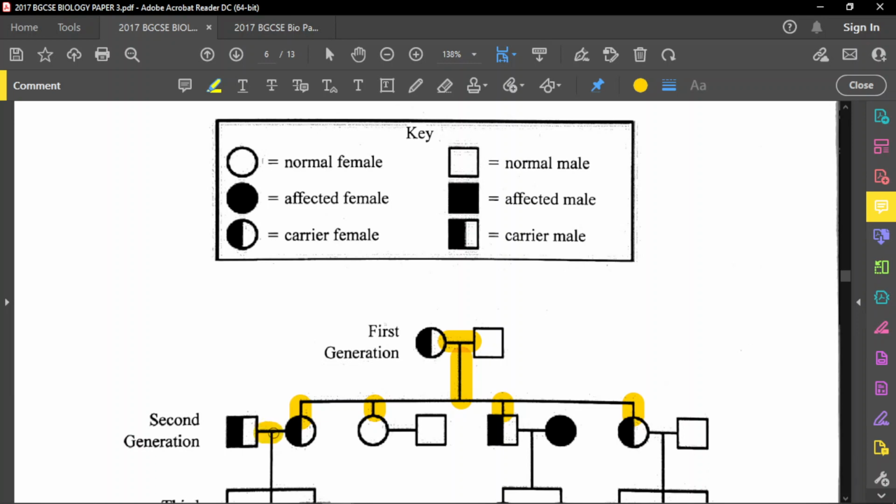So this is a person married to the first generation female, which is a carrier. This person here is a normal male marrying a normal female from the first generation, and the children of the first generation become the second generation. All right, so you get the drift with marriage and offspring.